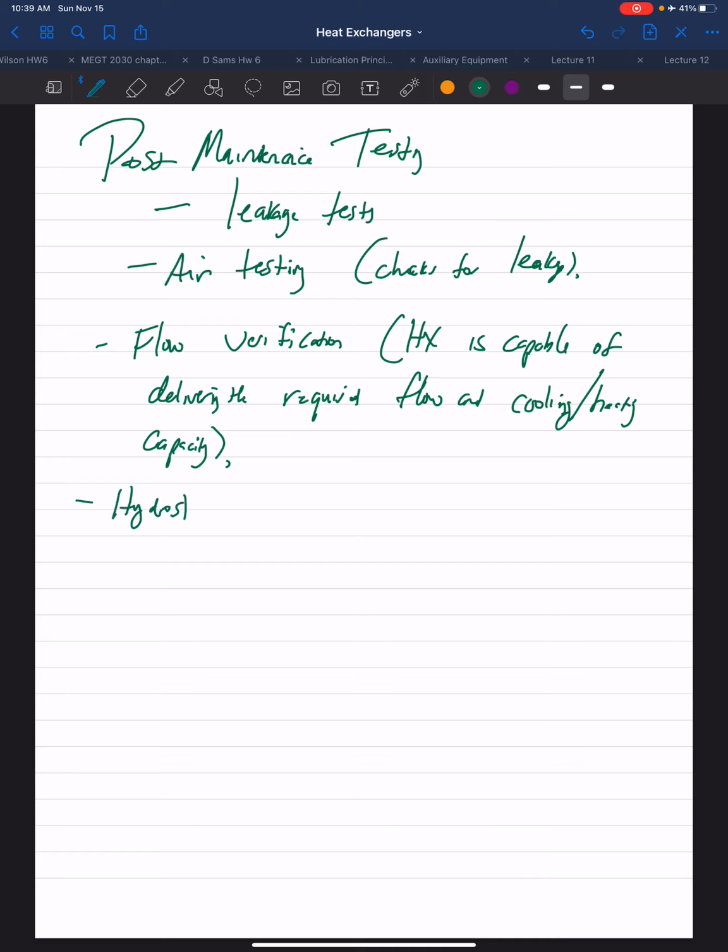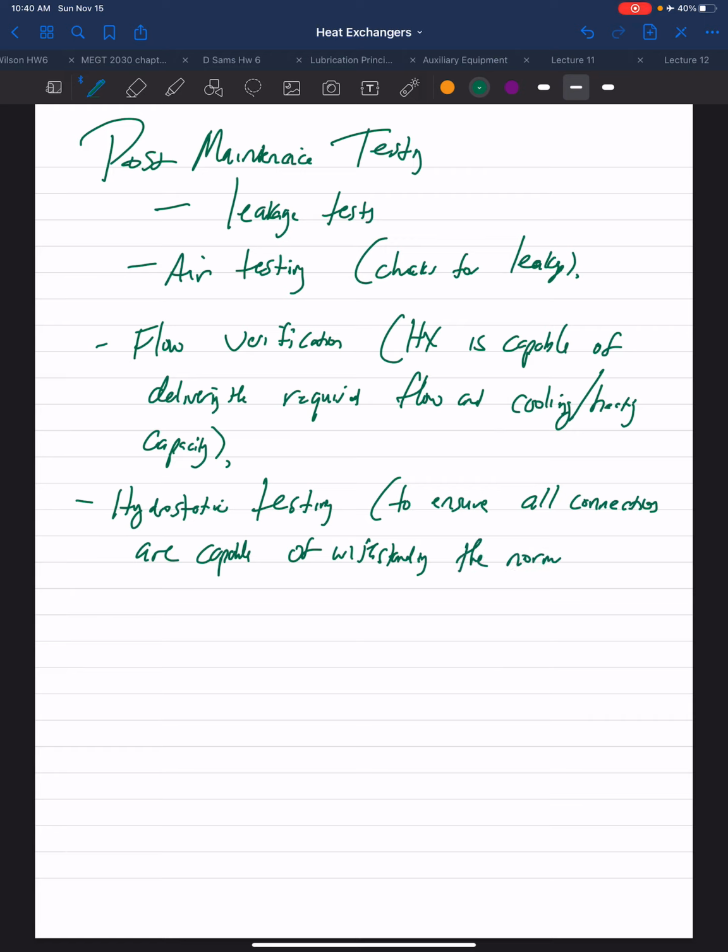You got hydrostatic testing, to ensure all connections are capable of withstanding the normal operating conditions. Your vibration testing.